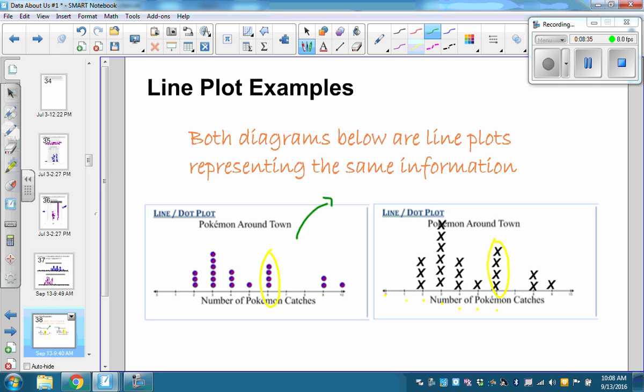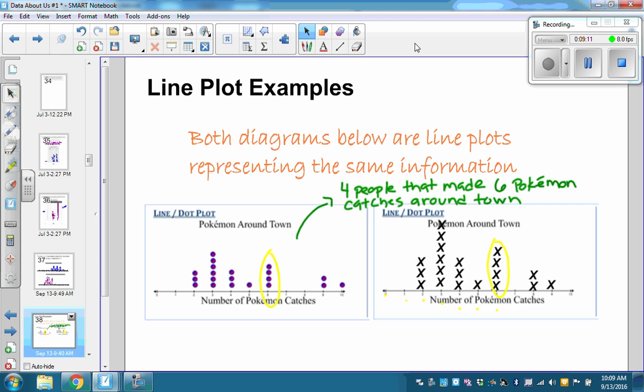So that information would be, there were 4 people that made 6 Pokemon couches around town. Just an example of how to read a line plot.